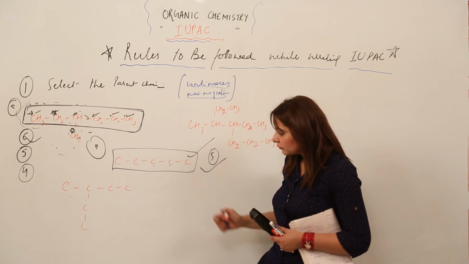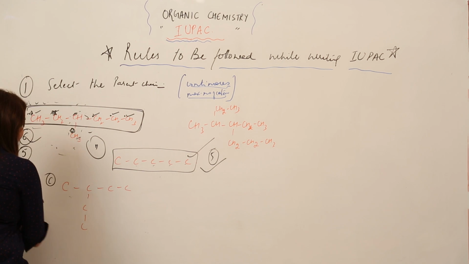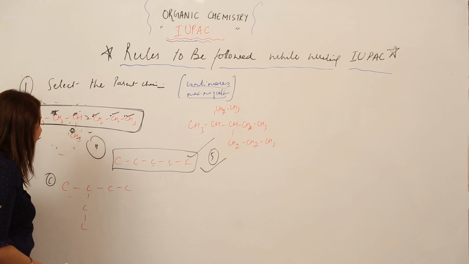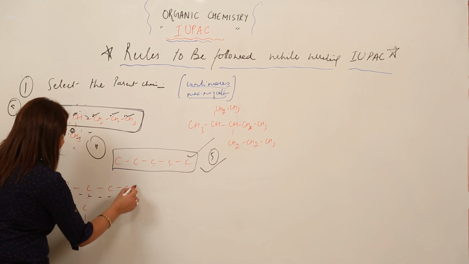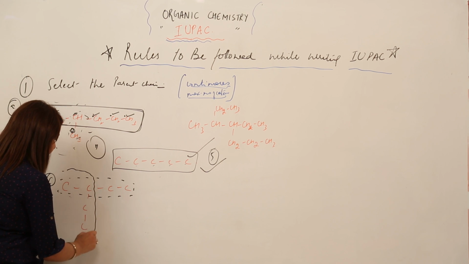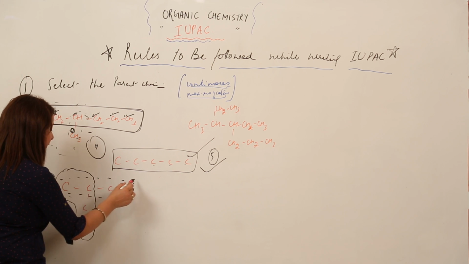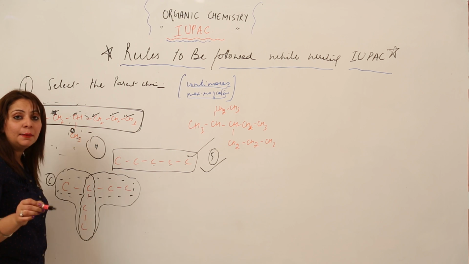Now let us see in this case how many options we have for selecting a parent chain. It can be this, right? It can be this, it can be this. So let us see how many carbon atoms we are getting.